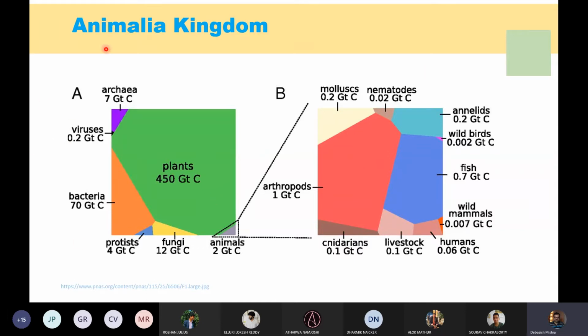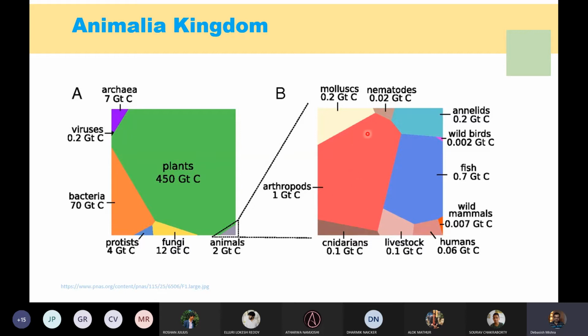You see here, majorly we have plants. We have cut a lot of plants, but still we have the major mass of organisms as plants. We have a small mass of organisms as animals, and among these animals we have the major mass as arthropods, meaning some are insects, some are shrimps, crayfish.